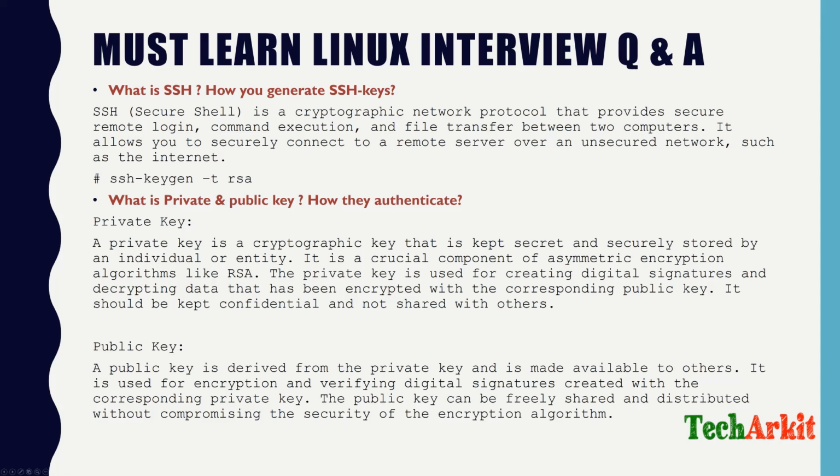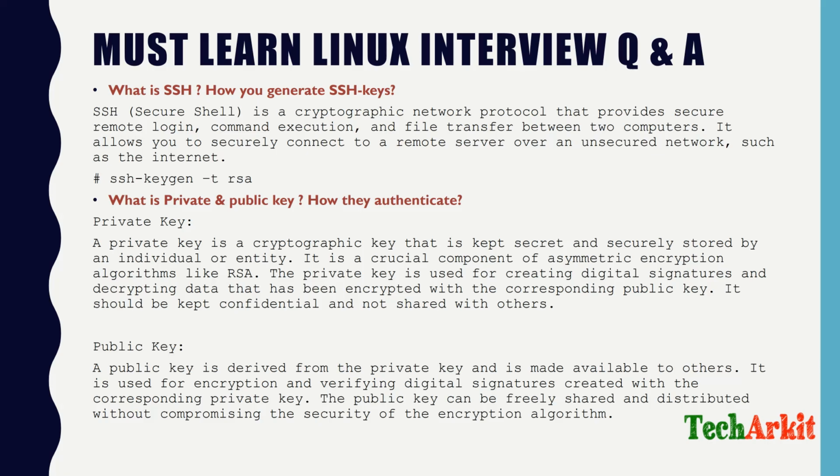How do they authenticate? Once you generate the key pair, you share the public key, and the client will authenticate against it. The client sends the request to the server. The server responds by sending a challenge back to the client. The client uses its private key to digitally sign the challenge sent by the server.